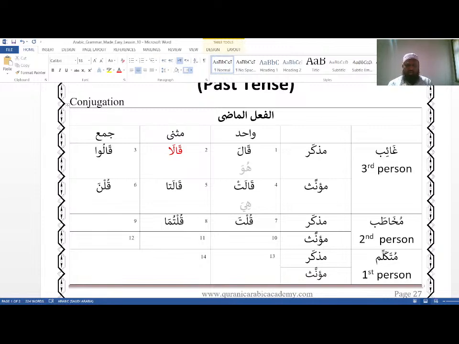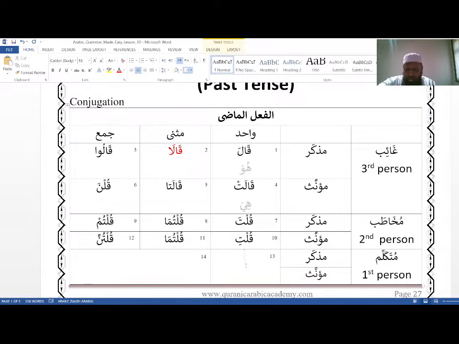Otherwise, we don't know the fail. The fail always stays the same. قلتم, you all, male said. قلتِ, قلتما, قلتن, you all women said.